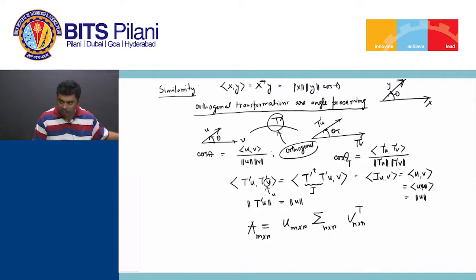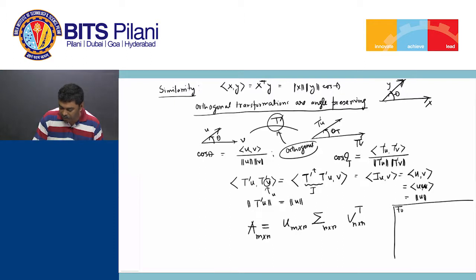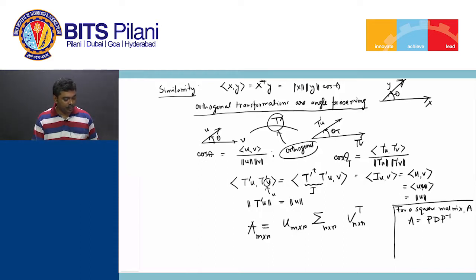Moving on, we need a little flashback from linear algebra. We know that for a square matrix A, this time I am considering A to be a square matrix, I can write A as P D P inverse, and this is known as a similarity transformation.